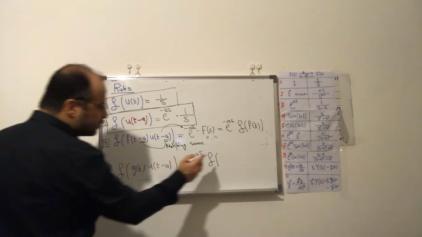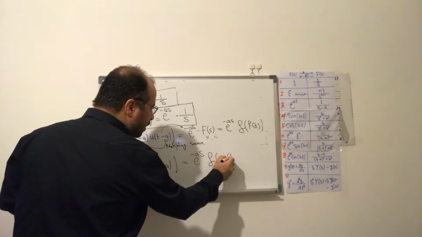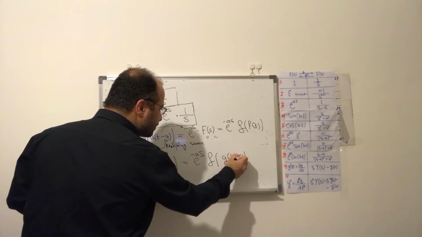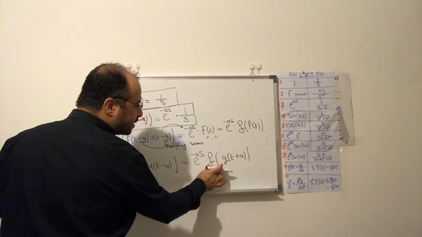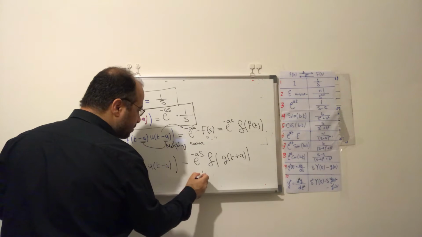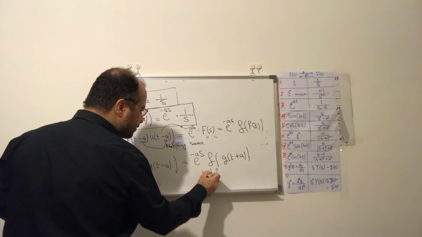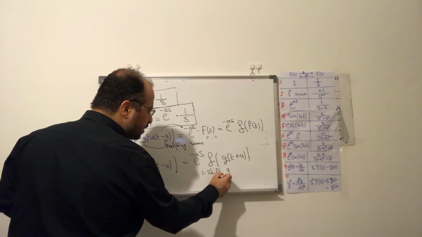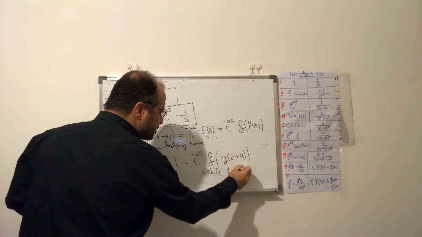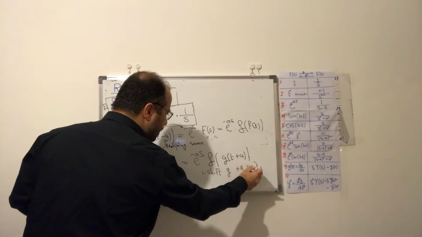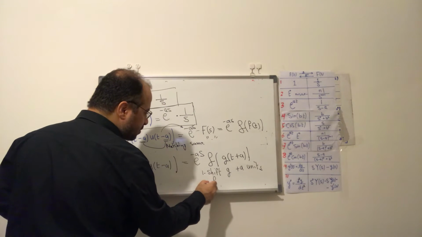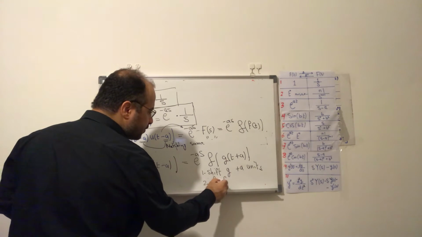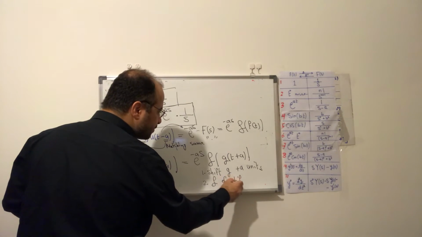First you shift g by a units, then take the Laplace transform. So first step, shift g plus a units, and then step 2, take the Laplace transform of the shifted g.